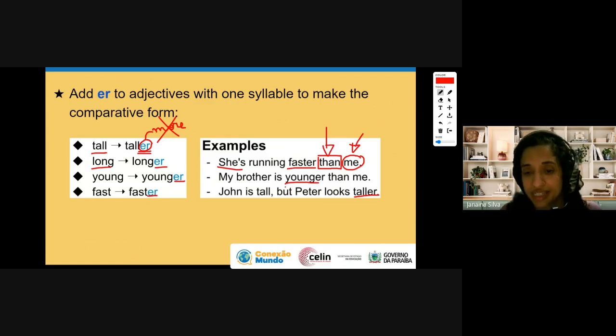My brother is younger than me. John is tall, but Peter looks taller. In this example, I didn't use than, because it is clear who I am comparing Peter to. I'm comparing Peter to John. So I can omit the word than.